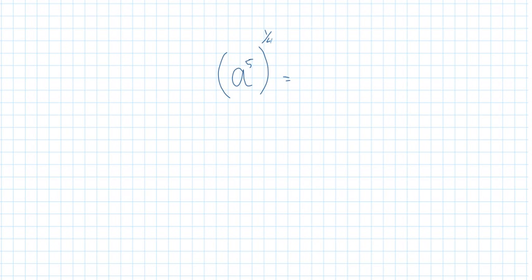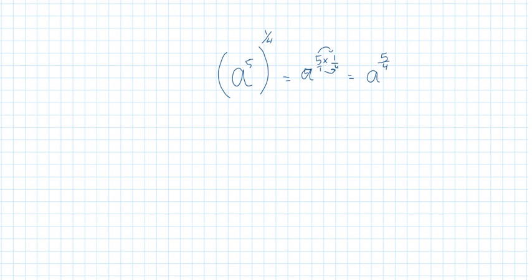What do you have here? Exponent to the exponent. So what do I do with my exponents? Multiply them. So that's going to be 5 times 1 over 4. Again, for those of you who don't know how to multiply fractions, you do 5 times 1, so the top by the top, the bottom by the bottom. So that becomes a to the power of 5 over 4. Yes?